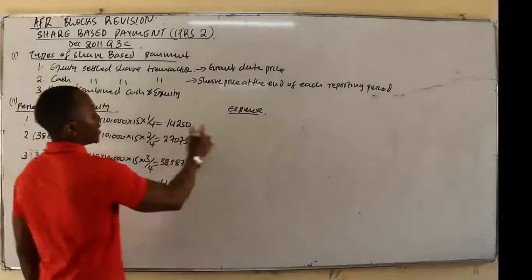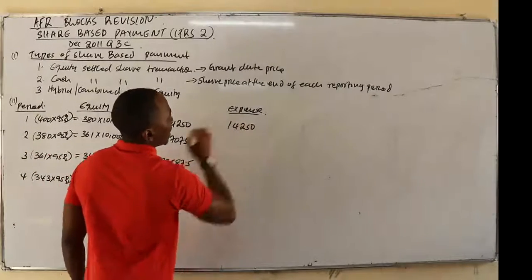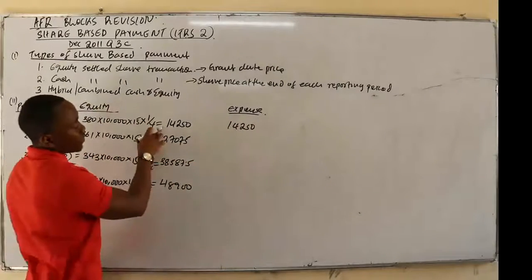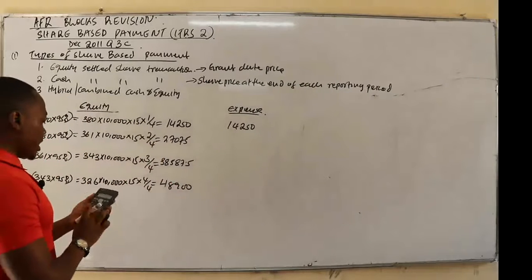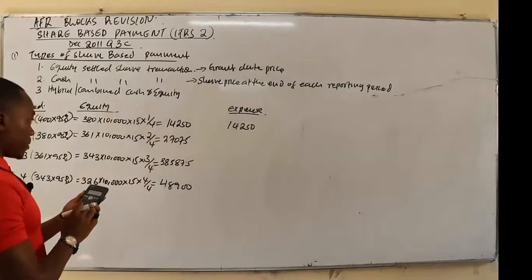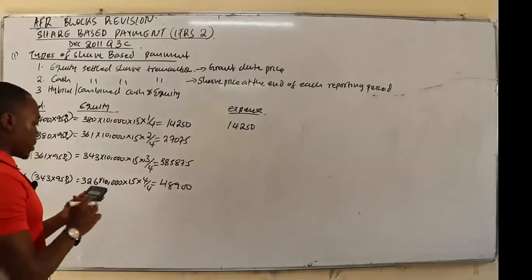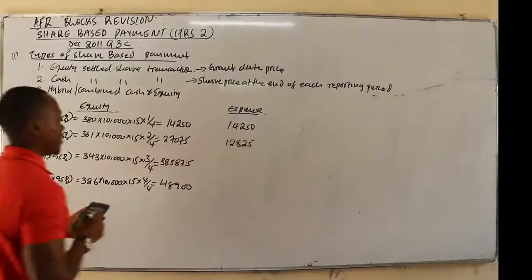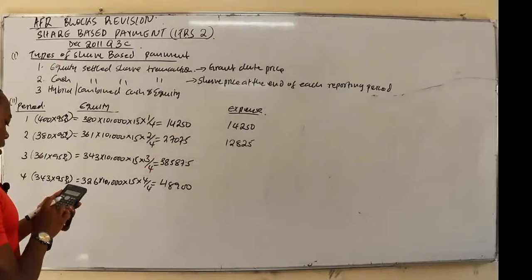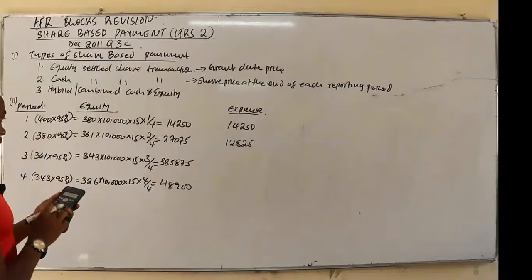The first year is still 14,250. The second year, there was an increment from 14,250 to 27,075. So that increment is an expense, and you have 12,825. Then that 587.5 minus 27,075.